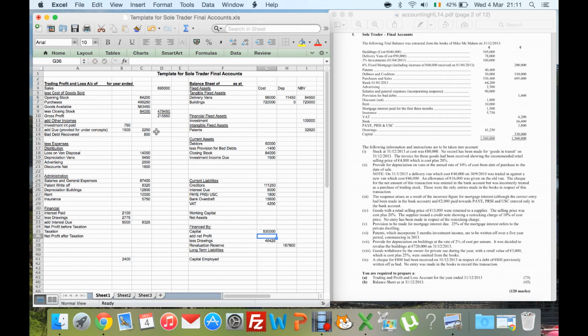So we have our other incomes. So we'll add that on to our gross profit, and then we're going to take away from that all of our expenses. So we'll add all of our expenses together.